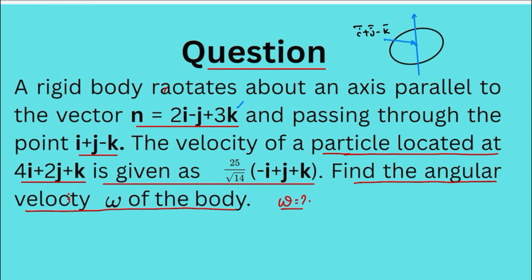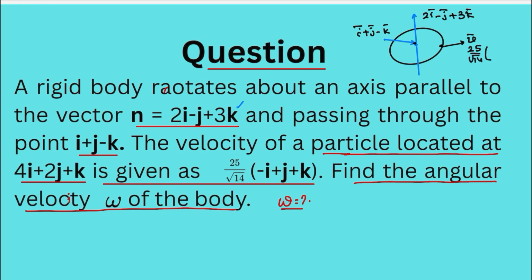This is the point, and this vector is parallel to, that means this vector we can say 2i minus j plus 3k. The velocity of a particle located here, a particle is located here, it has got a velocity v 25 by square root of 14.